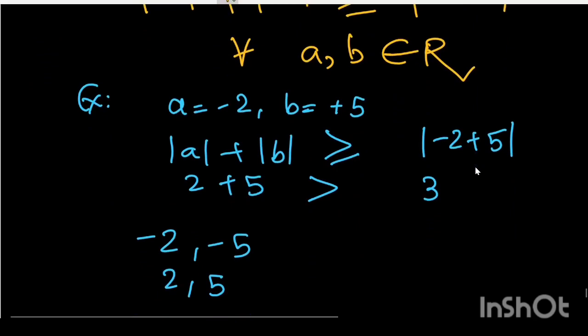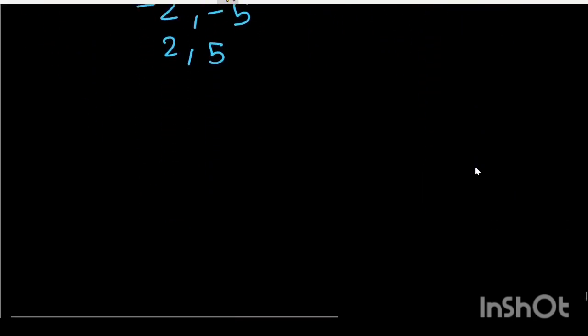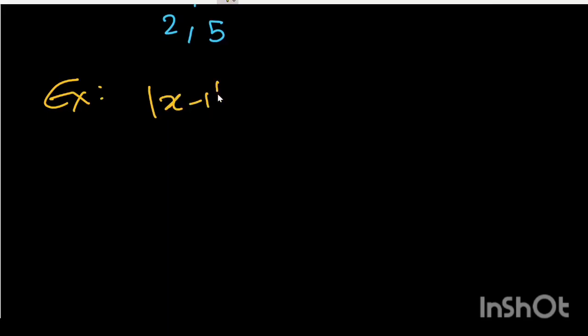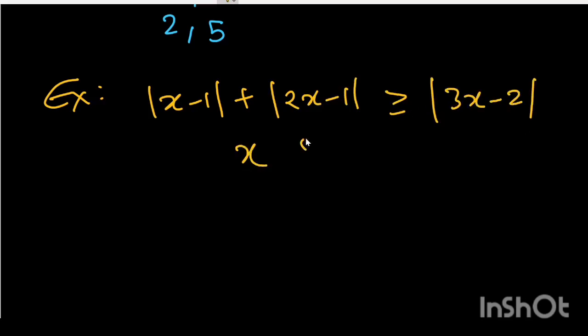Okay, so for example, if I ask you |x − 1| + |2x − 1| ≥ |3x − 2|, for what x?